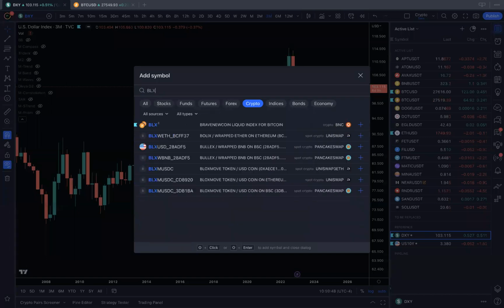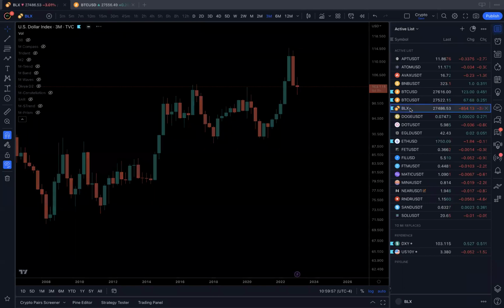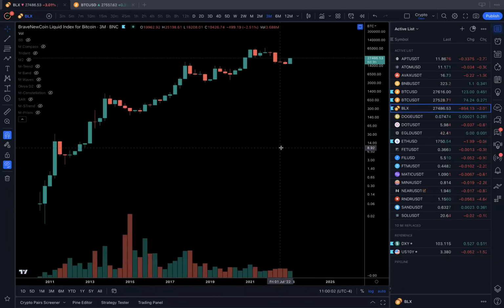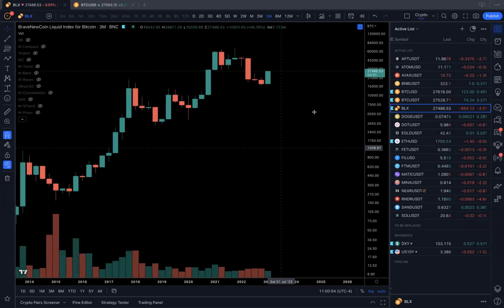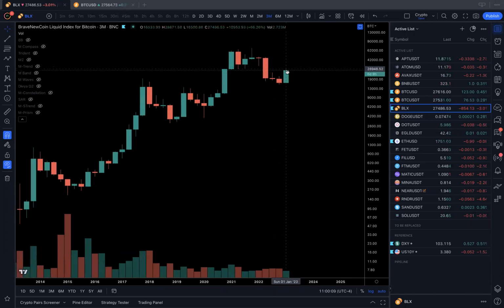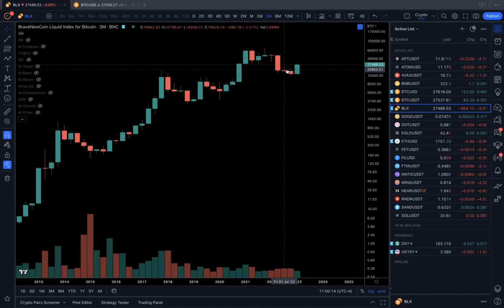Should add this VLX. This has more history. So this is quarterly, and quarterly looks amazing, isn't it? Amazing. Right now, no sign of weakness currently. Looks awesome.